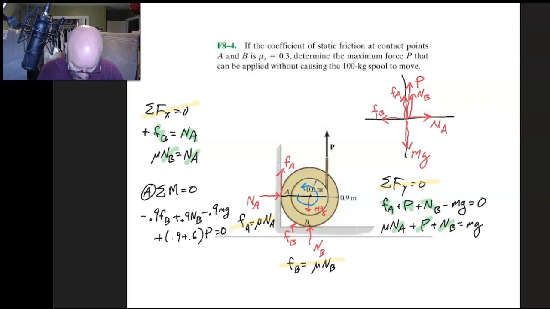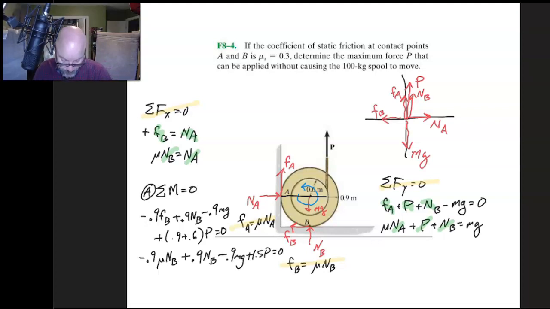So we're going to have minus 0.9 FB, where FB is mu NB, plus 0.9 NB, minus 0.9 mg plus 1.5 P is 0. Look at that, now I've got NB and P in there.